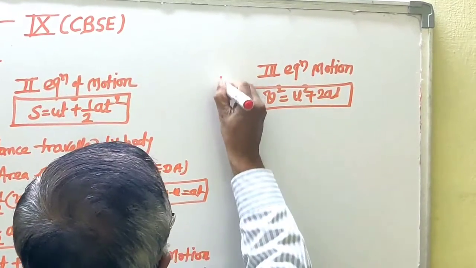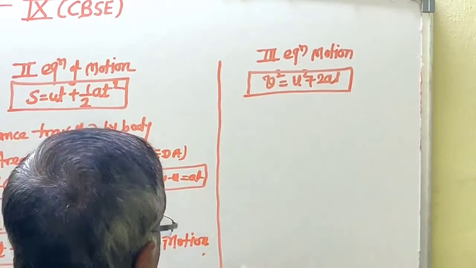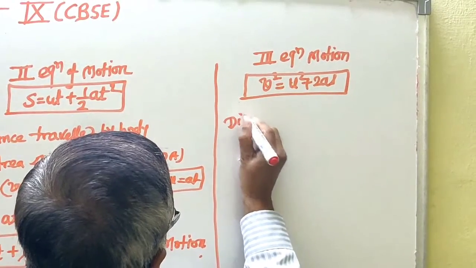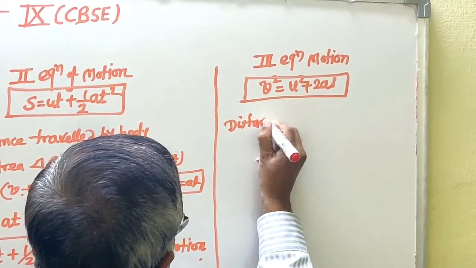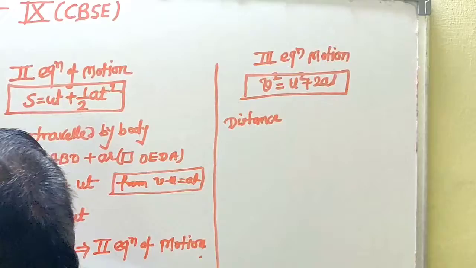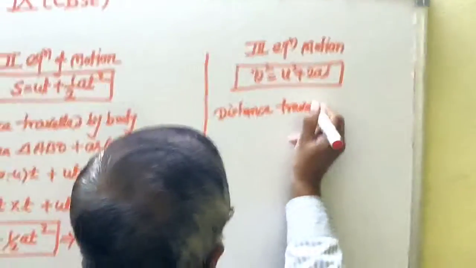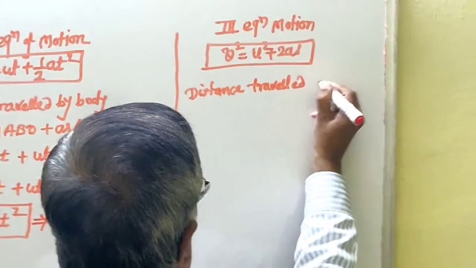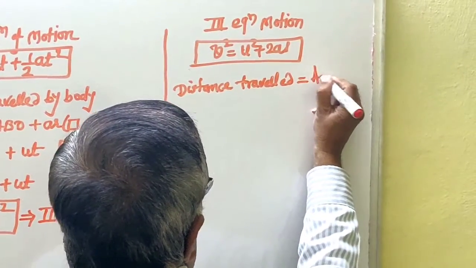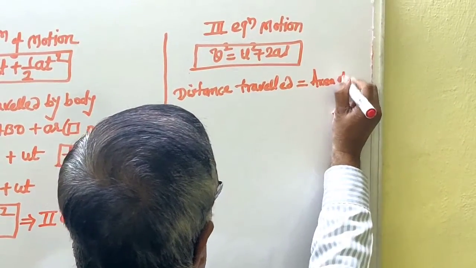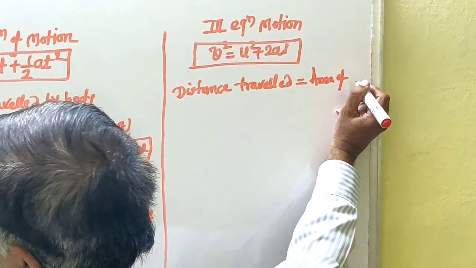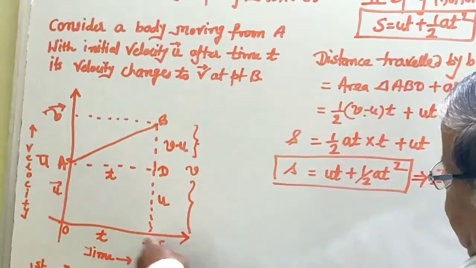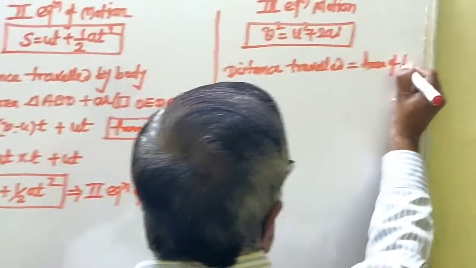Again I will take the distance traveled, but now I will take the trapezium, the whole figure, which means the whole distance traveled. Distance traveled is equal to the area of the trapezium. This is the figure of the trapezium. These two lines are parallel and this is the height t.